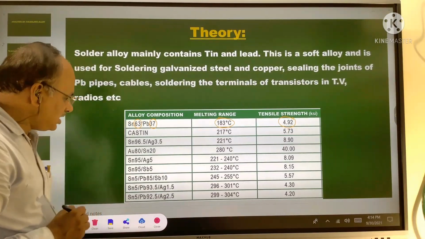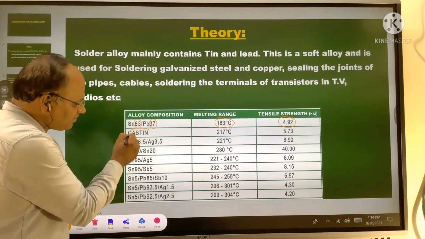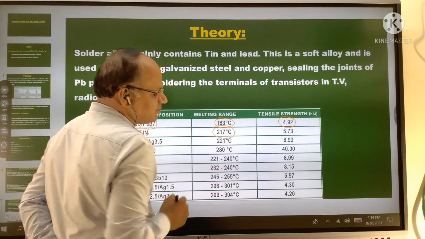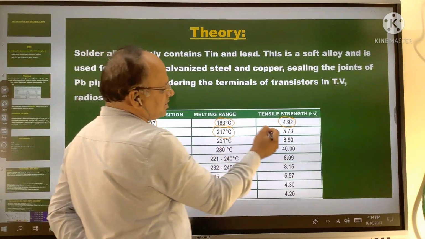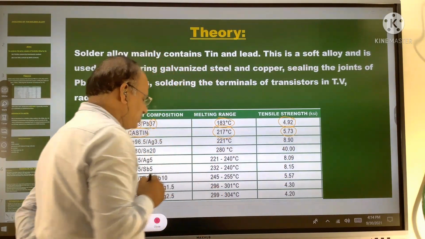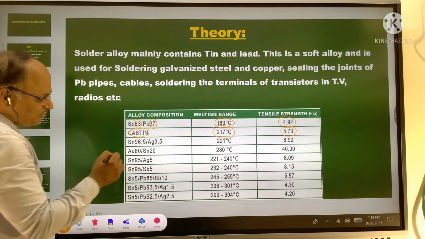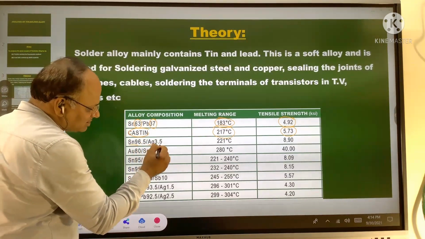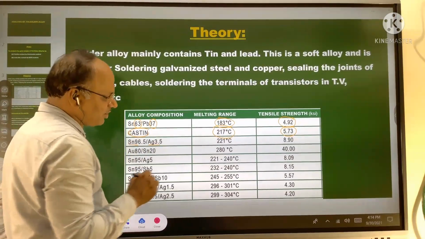Then here you see cast tin. Here the melting point is 217 degrees Celsius and tensile strength is 5.73. Here in this composition, tin is 96.5 and silver is 3.5.